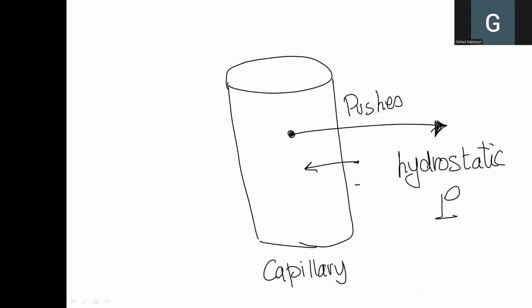And we have two inward pulling forces, pull one and pull two. Pull one is due to the ions like sodium chloride. The pull two is due to the plasma proteins, which are albumin and globulin.